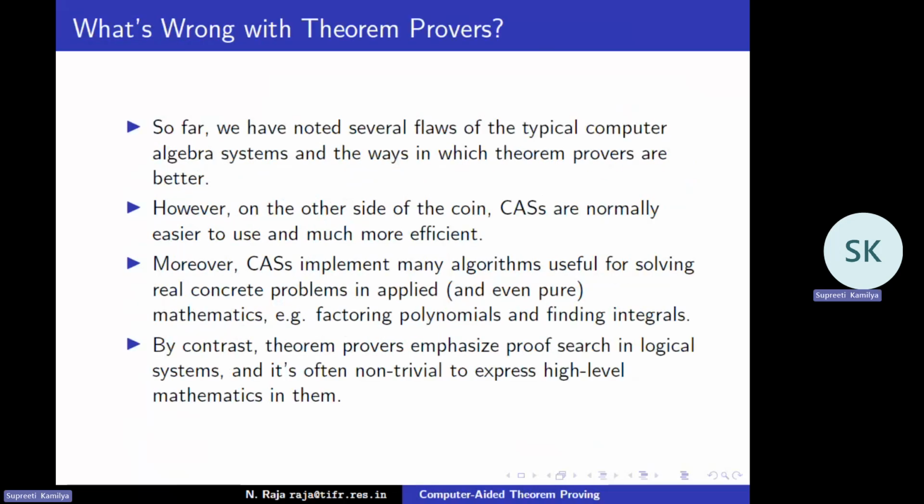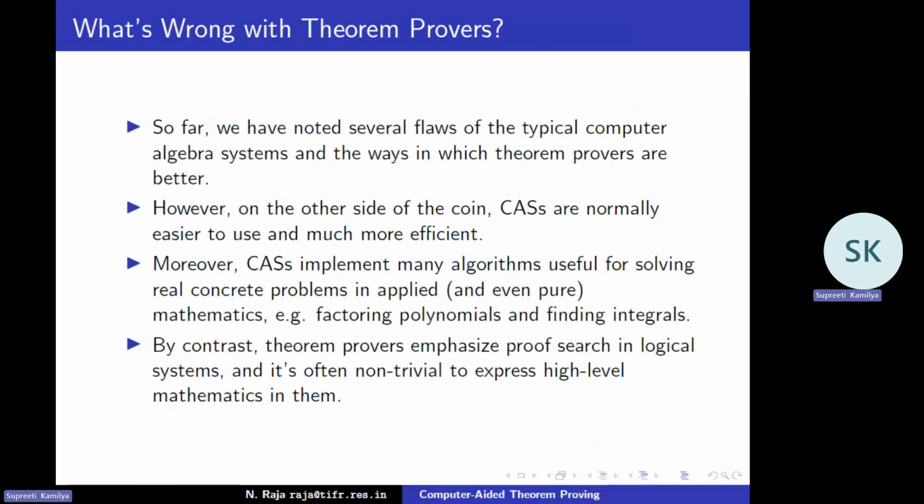So all along I've told you ways in which theorem provers are better than computer algebra systems, but everything is not glossy about theorem provers. They have their own weaknesses, so let me point out a couple of flaws. It turns out that computer algebra systems are much easier to use.